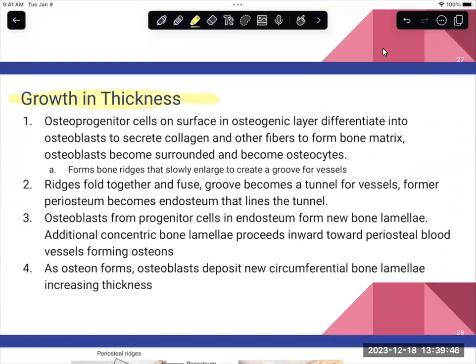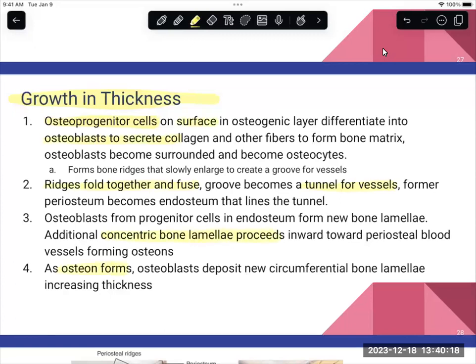So we have osteoprogenitor cells on the surface of our bones that will make osteoblasts that are going to help grow the bone out in thickness. We're going to have different ridges that come together. They're going to fuse. They're going to grow tunnels. We're going to form lamellae, those circles.